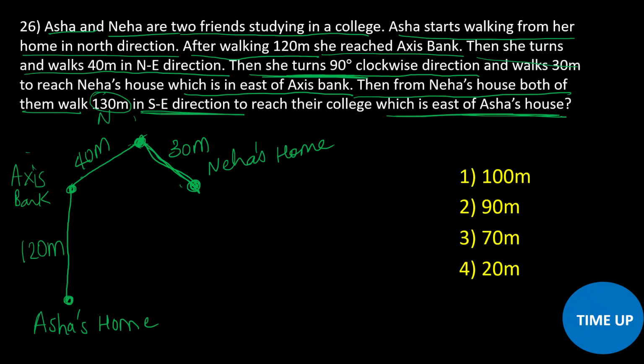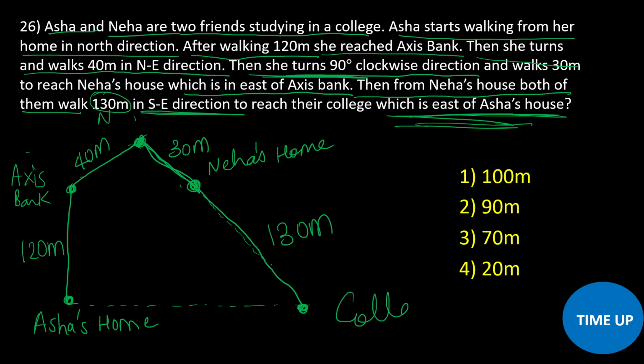Southeast direction means it will be this direction itself because this direction was southeast only, correct? So they will continue further till Asha's home because east of Asha's homes they have said. So this is 130 meter. So this will be east of Asha's home and this is their college. Okay.